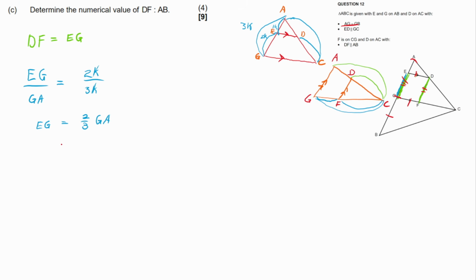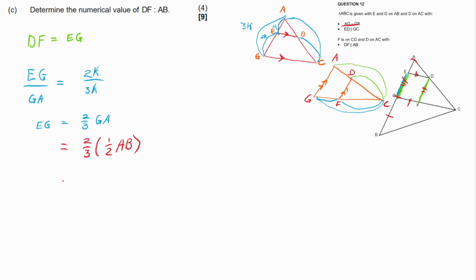So I continue with this, but I know that GA is just equal to a half of AB, because GA is 1/2 of the entire length AB.